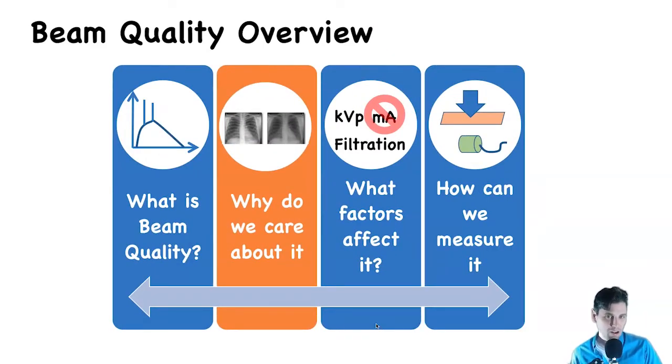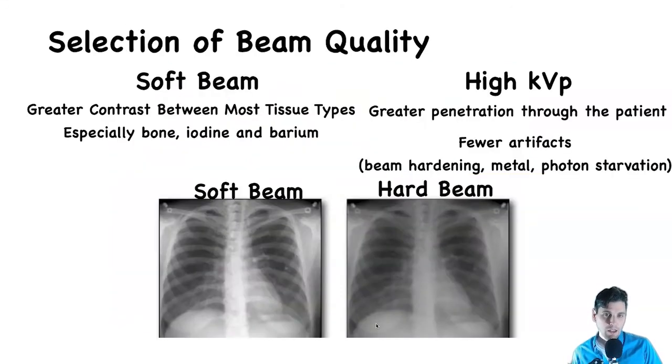Next, why do we care about it? So as professionals in the radiography field, we really care about beam quality, mainly because of how it affects the image quality in our images. So in both CT and in X-ray images, these trade-offs apply.